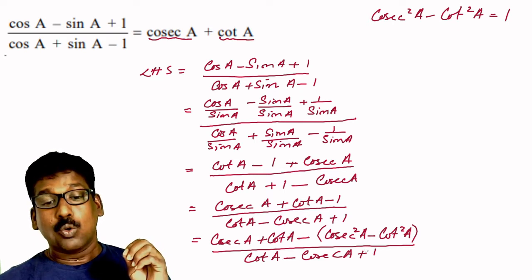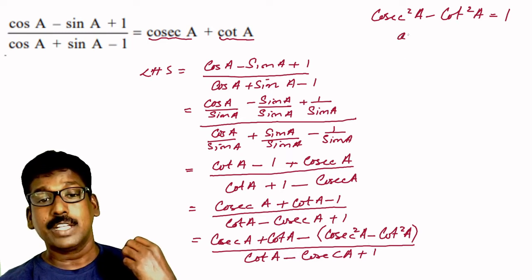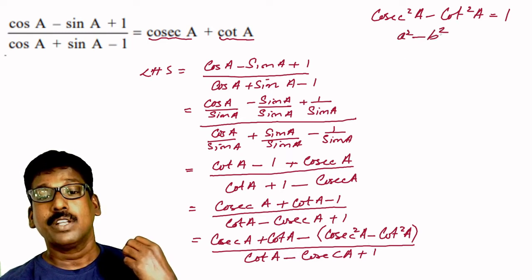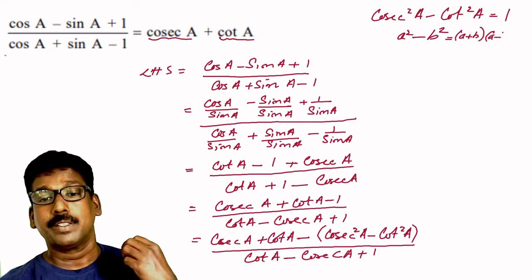Now cosec square a minus cot square a is in the form of a square minus b square. So you can write it as a plus b into a minus b.